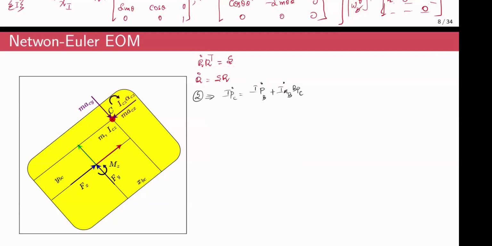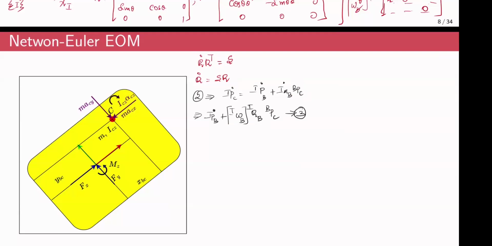So I write it as IPB dot plus this omega, which is a matrix though, multiplied by the rotation matrix B with respect to I. So this is nothing but this SR. Then we have this term remaining, BPC. I'll call this equation 3.